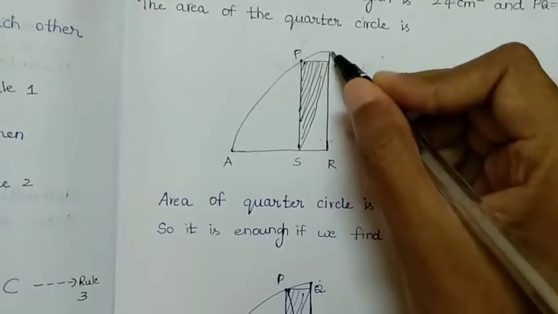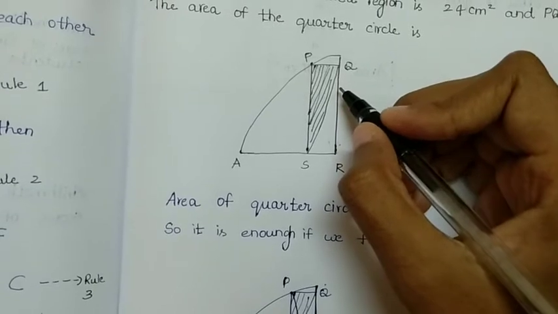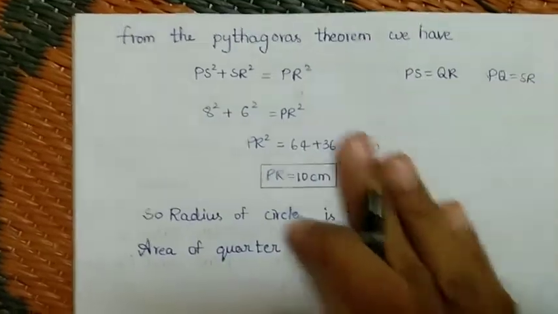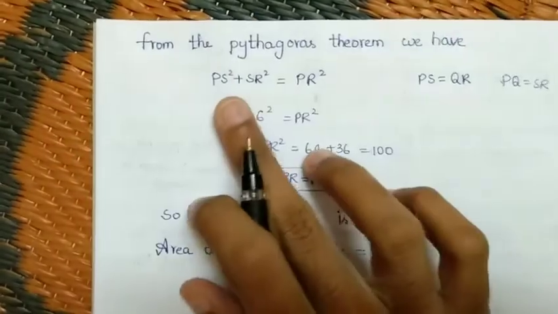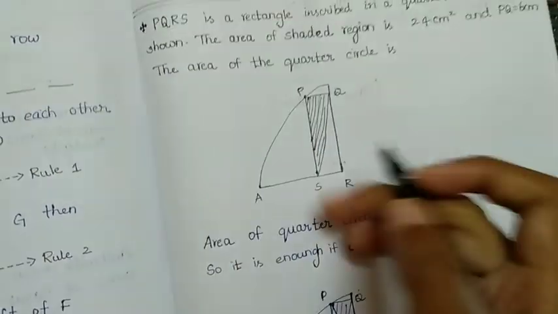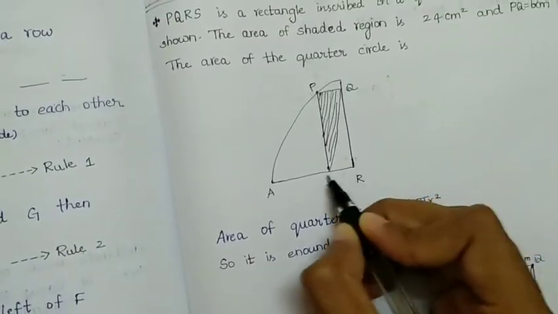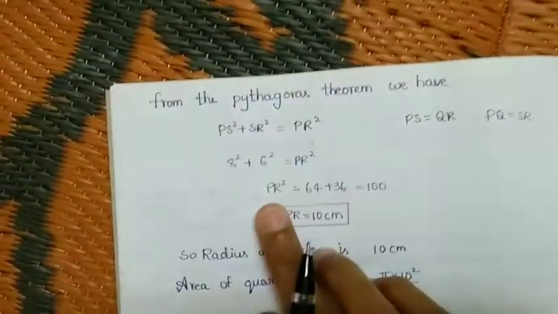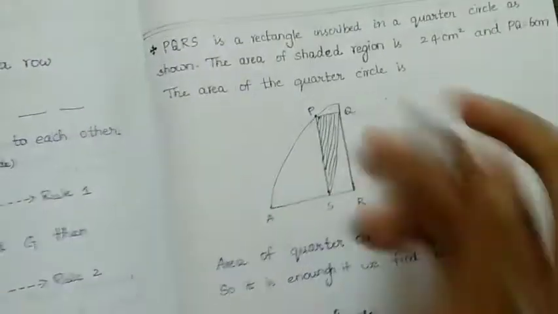So we can use the Pythagoras theorem for this right angled triangle: PS square plus PQ square is equal to QS square.